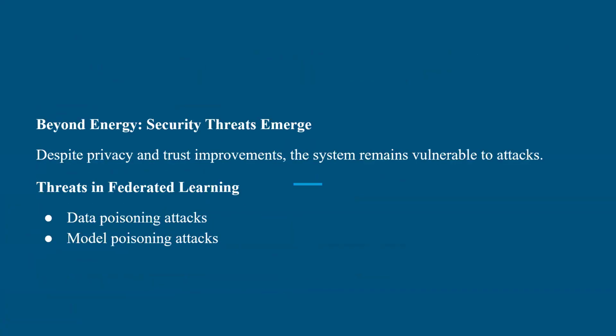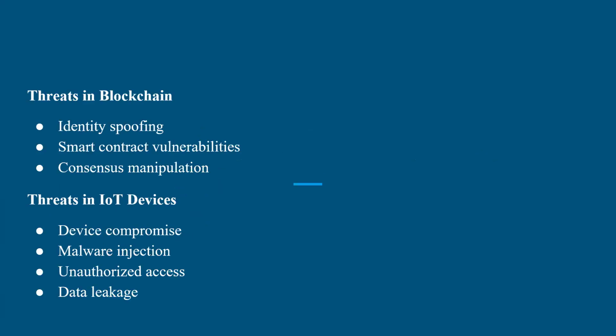We already discussed these points. Just concluding with the threats which can happen in the different areas: threats in federated learning, like data poisoning attacks and model poisoning attacks; threats in blockchain, where identity spoofing can happen, like our devices can be spoofed so that malicious devices can take part in the model updates.